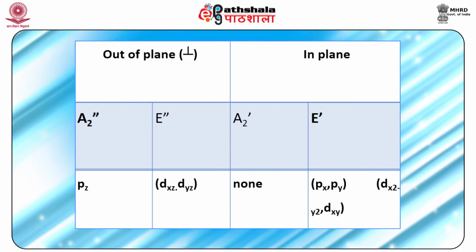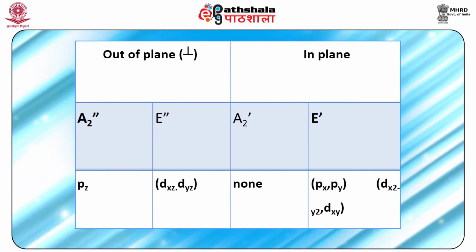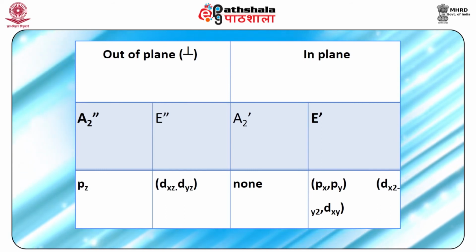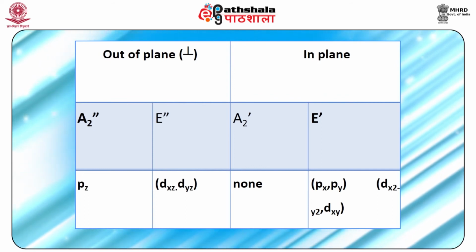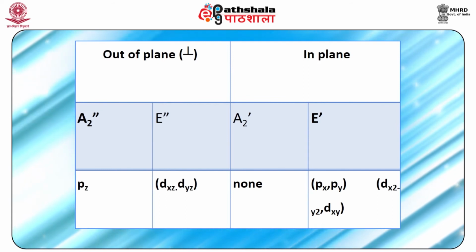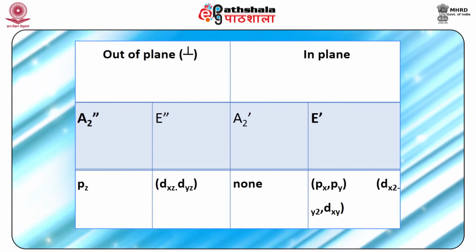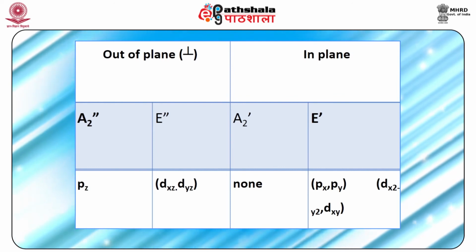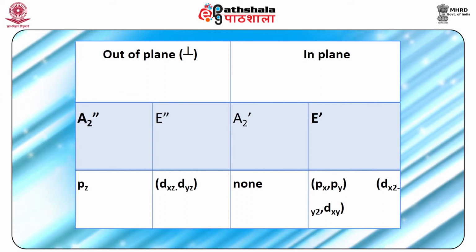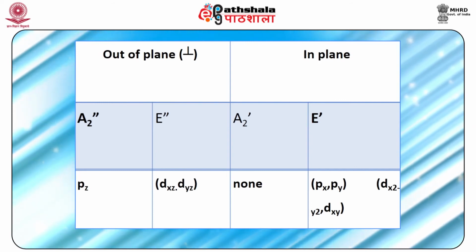For formation of three pi bonds in the plane of the molecule, we must have atomic orbitals of boron with symmetries A2 dash plus E dash. There is no atomic orbital on boron of A2 dash symmetry, but there are pairs of orbitals, either px, py or dx square minus y square, dxy, which have the right symmetry of E dash.